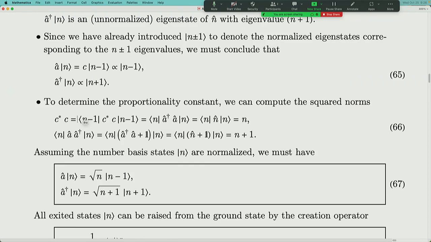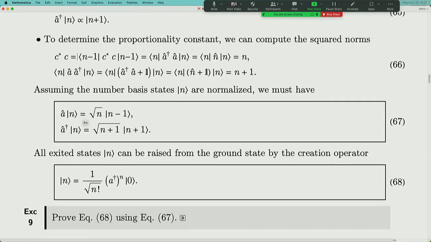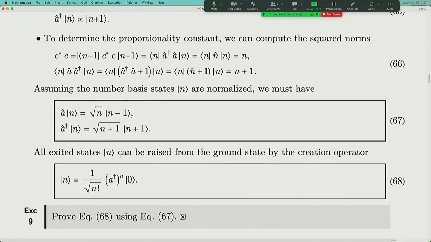It's getting the n minus 1 state multiplied by a factor, and the factor is proportional to the square root of the boson number in the system. So that is the way that the annihilation operator must act on the system. And there's not much room to move these pieces, because everything is derived from this algebraic relation, and it has to be like that.